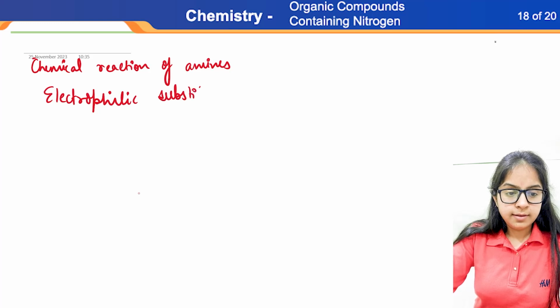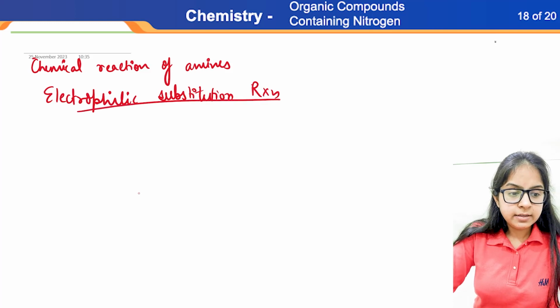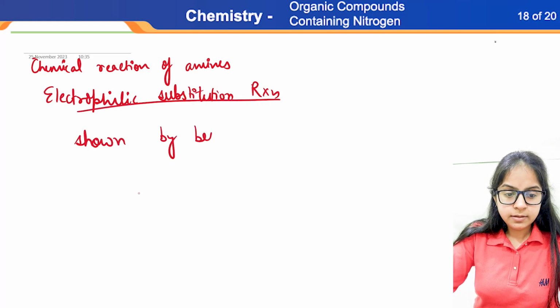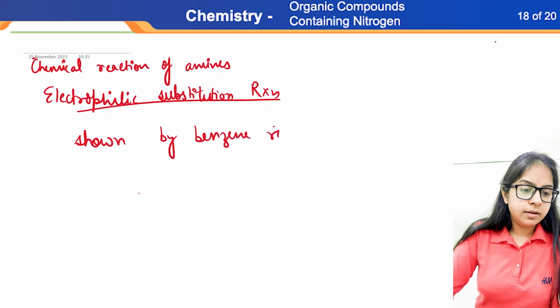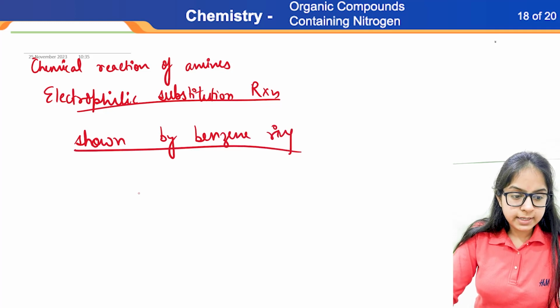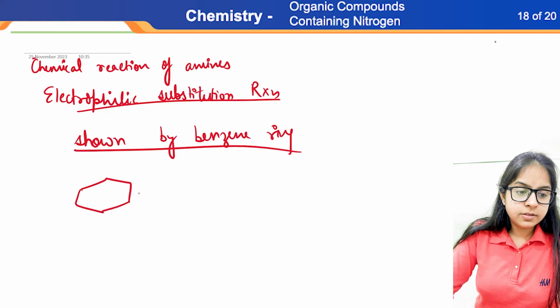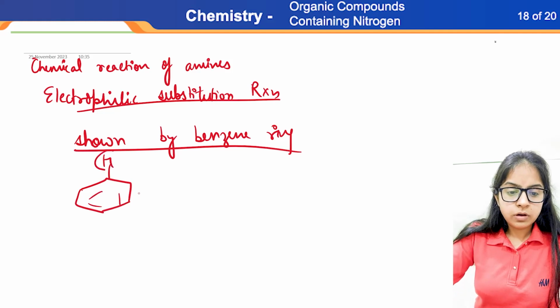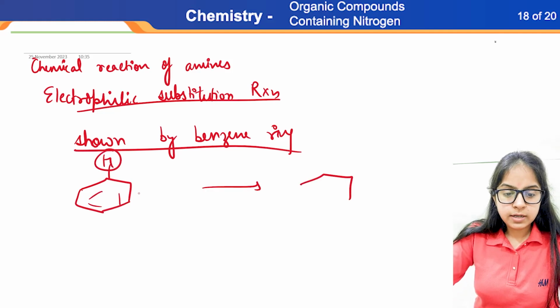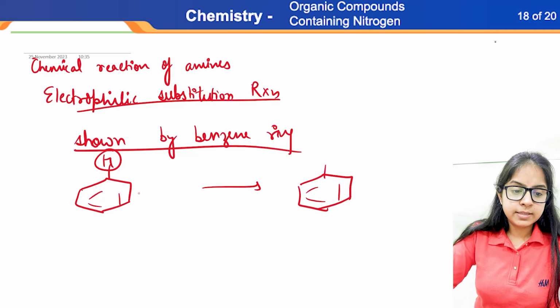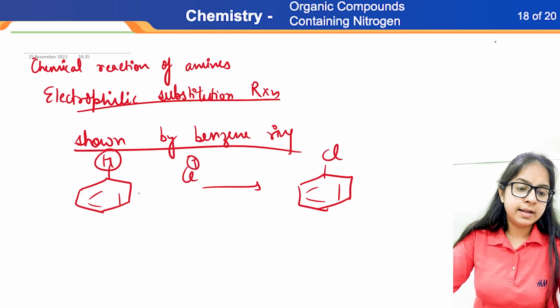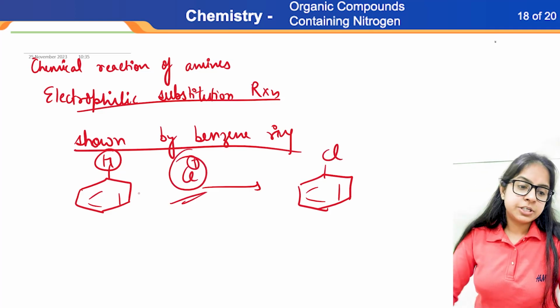Substitution reaction shown by benzene ring. Okay, I have this one, benzene ring. The group here is only hydrogen, so I need to substitute this with another electrophile. Suppose I am taking Cl positive. So this is the electrophilic substitution reaction.